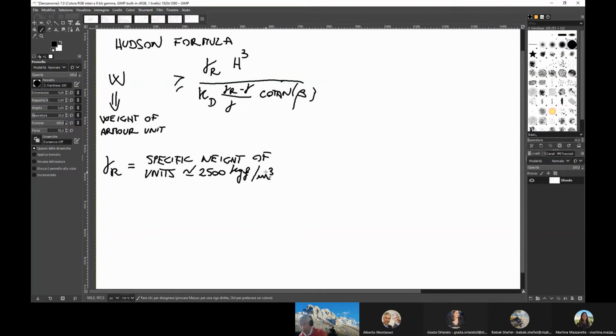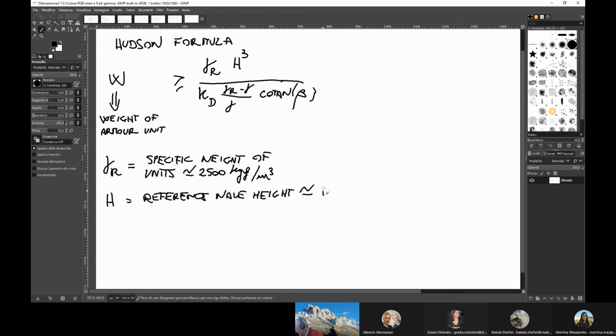Okay, and then H is a reference wave height at the toe of the structure. It's not the significant one, a reference wave height.